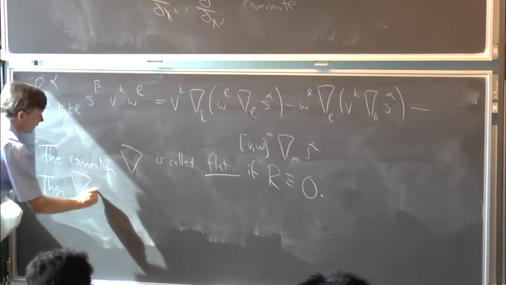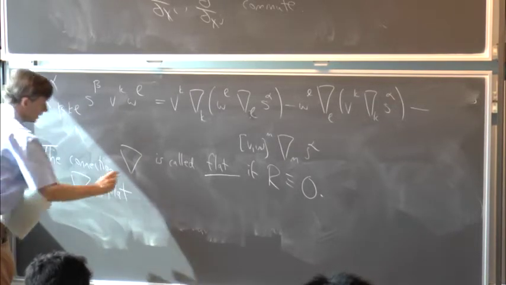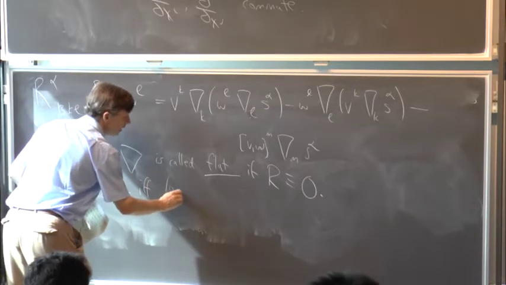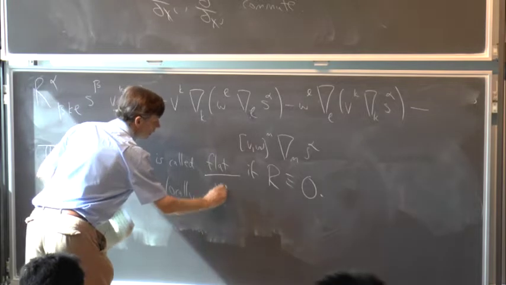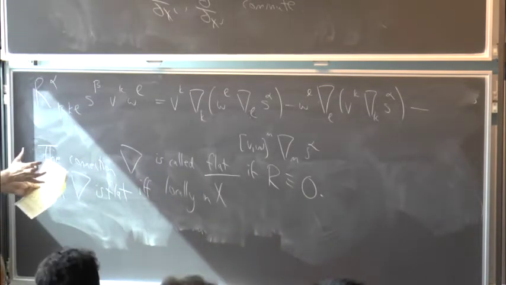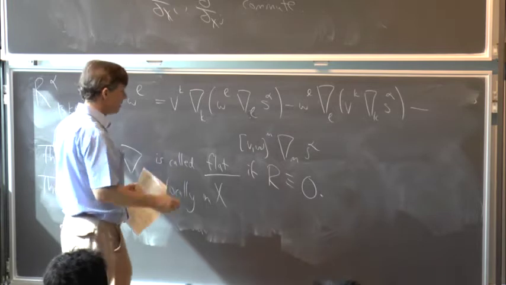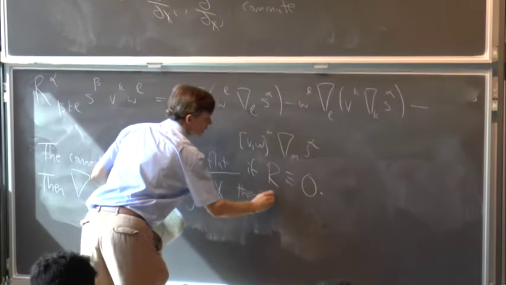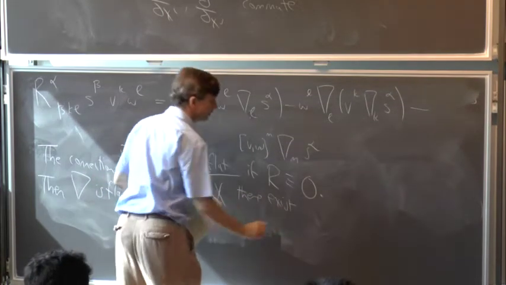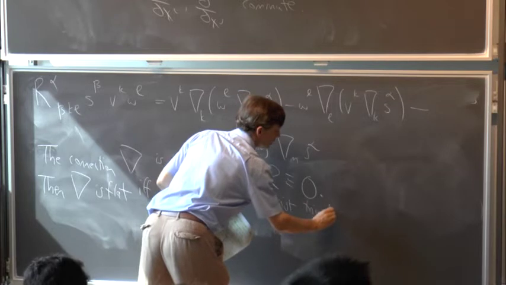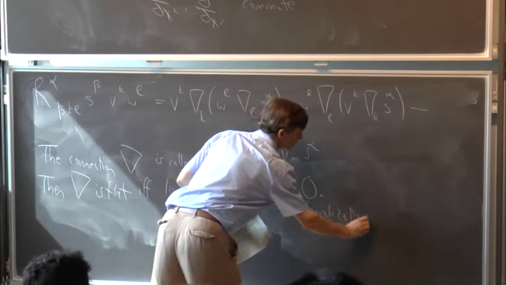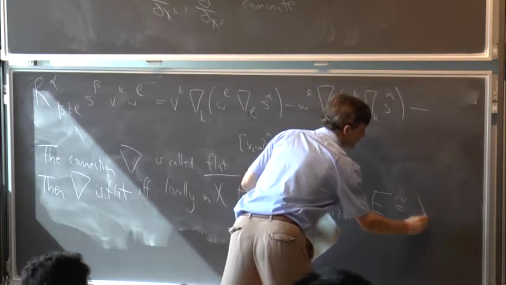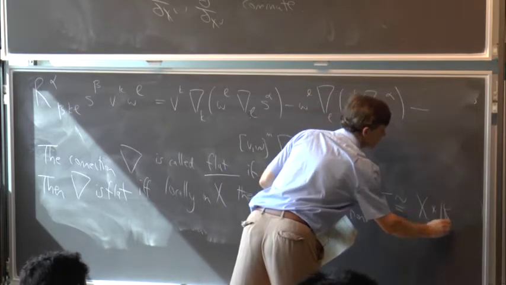So nabla is flat if and only if locally on X, meaning that you can cover X by sufficiently small open sets in which the following is true: locally on X, there exist trivializations, E is isomorphic to X cross R^k.